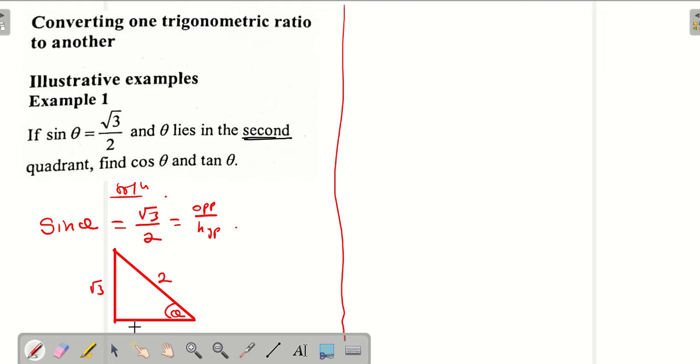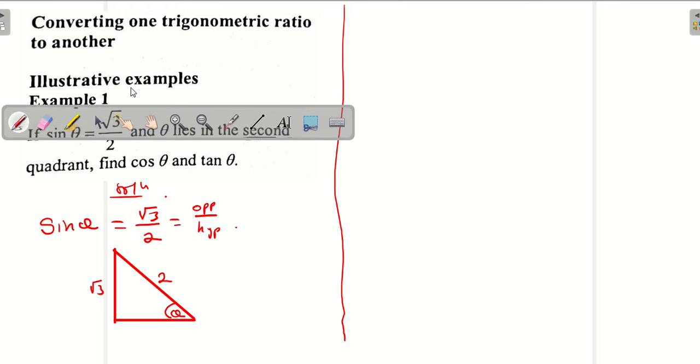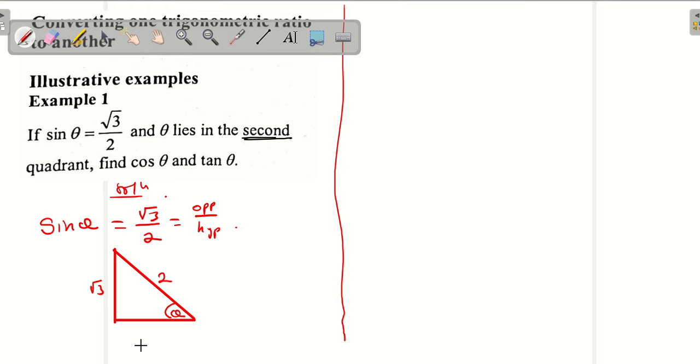We are left with the adjacent. We don't know it, but we can apply Pythagoras to find it. Let me call this part A, adjacent. By the Pythagoras theorem, hypotenuse squared is equal to opposite squared plus adjacent squared.